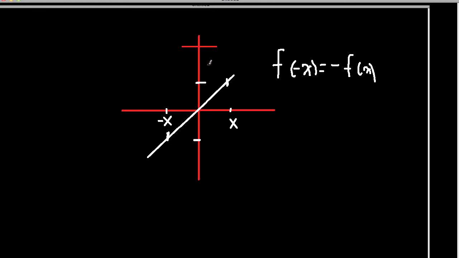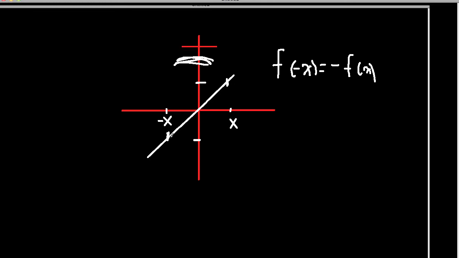So even is symmetry across this way on the coordinates: everything on the positive side has a mirror image on the negative side. And odd is symmetry across this way on the coordinates.